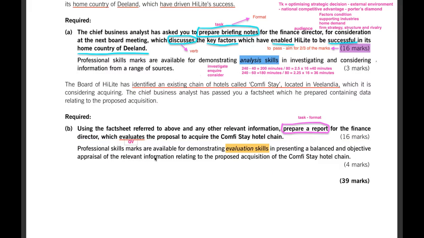This is your question verb, to evaluate the proposal to acquire the Comfy hotel chain. So what syllabus area is this? Is it still optimizing?